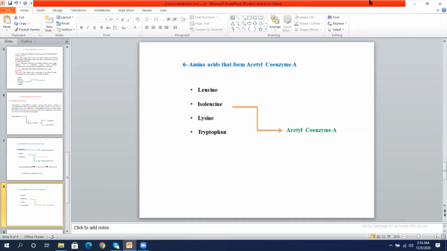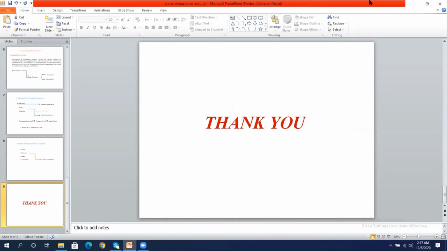These amino acids are converted into acetyl coenzyme A in the presence of different enzymes. Ultimately, the standard 20 amino acids are converted into their intermediate compounds, which are further catabolized and metabolized by different cycles occurring inside the cell. Thank you very much.